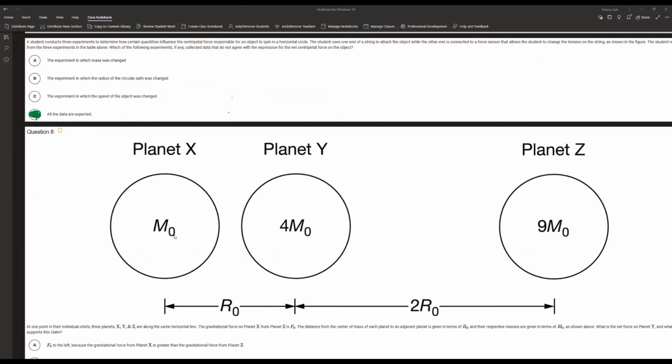Planet X, planet Y, planet Z. At one point in their individual orbits, 3 planets, X, Y, and Z, are all along the same horizontal line. The gravitational force on planet X from planet Z is going to be F0.